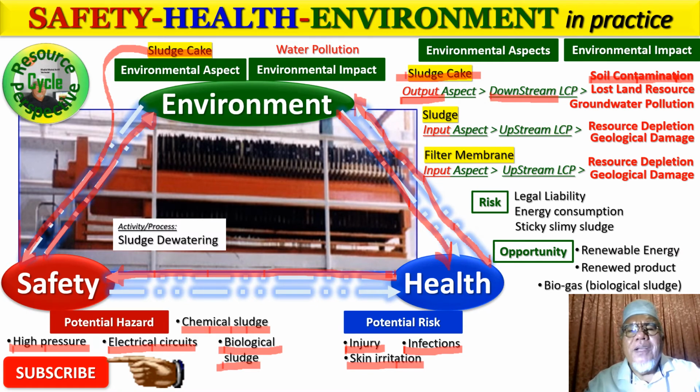So the problem has been shifted from this factory. The sludge cake is now transferred to another site where the secure landfill is, and causes soil contamination on that site, not here.